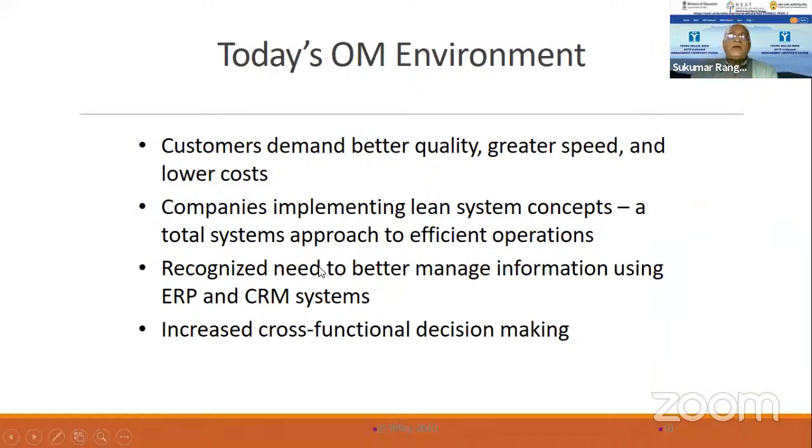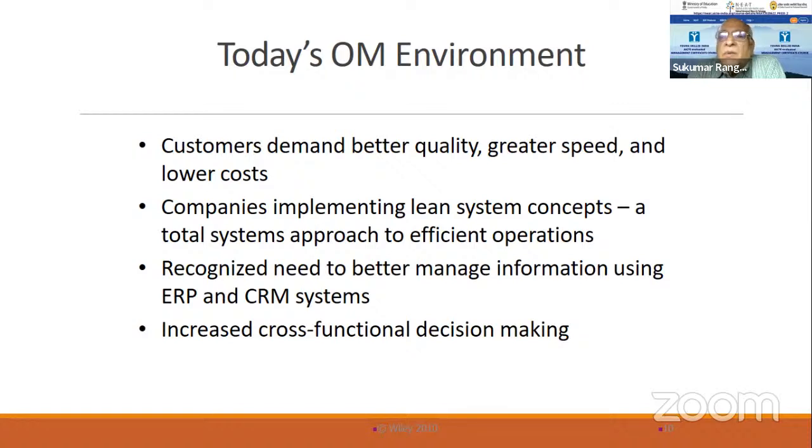So in today's operations management environment, we all know that when you find that, let's say, Vodafone is not good, you will switch over to Airtel, or you will switch over to Jio. A customer is not wedded to any one particular brand.